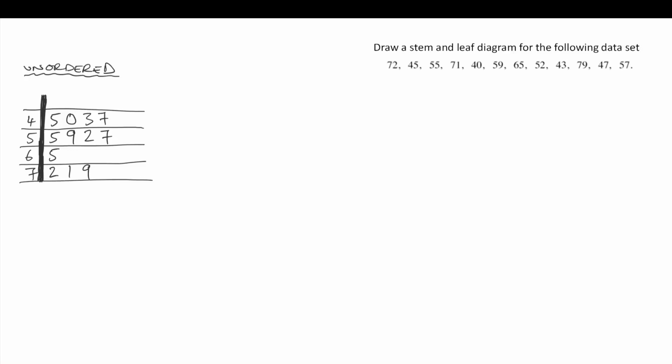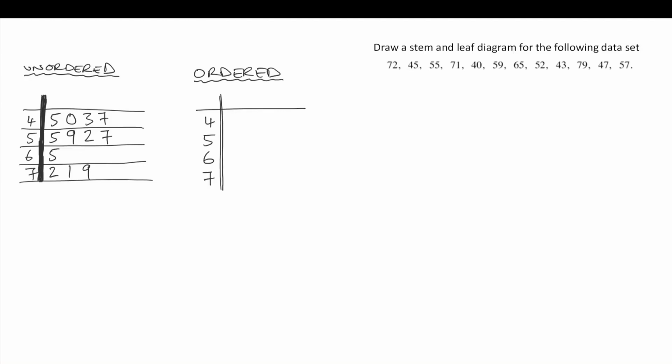So there I have a very quickly produced unordered stem and leaf diagram. I only went through the list of numbers once. I didn't try to put them in order while I had the long list. But now, for each of these small groups, so for the 40s, 50s, 60s, and 70s, I can almost instantaneously put those in order.